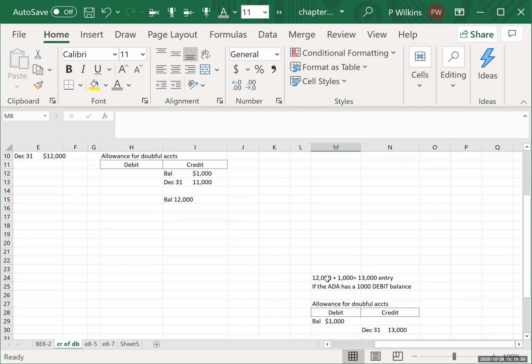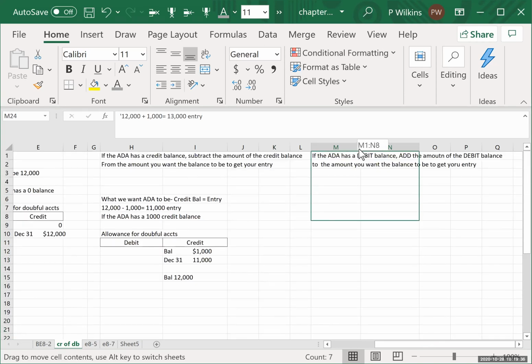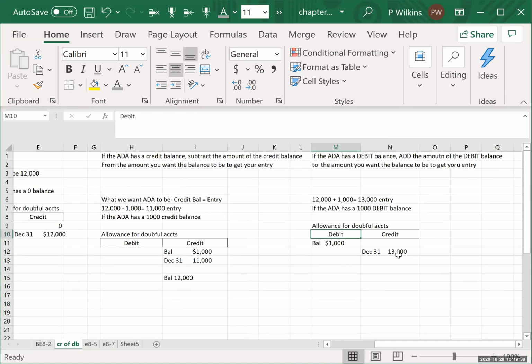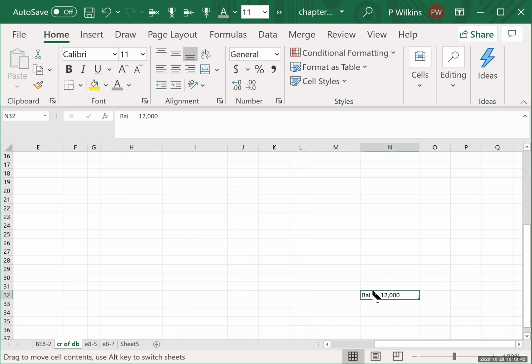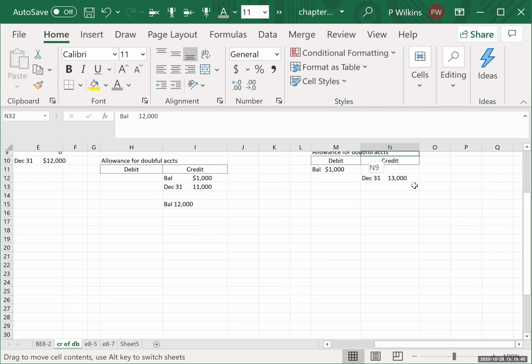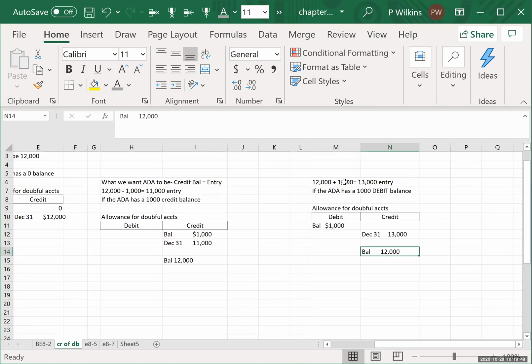So let's look at the same example then. We want the ADA to be $12,000 at the end, right? I'm just moving this up here so you can see it. It has a debit balance of $1,000.